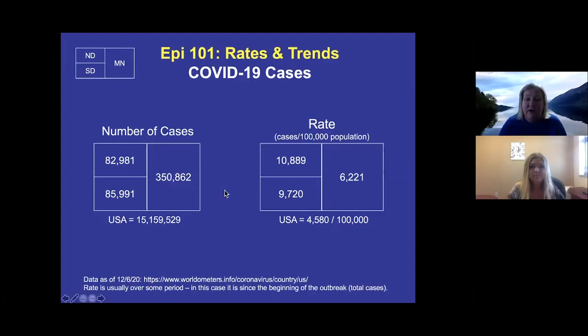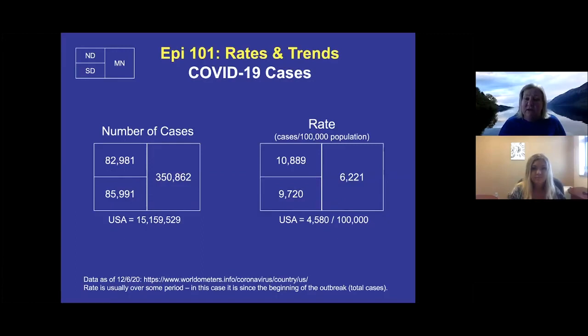But if you look at it by rates, what we did is we just took this number divided by the population of Minnesota, this number divided by the population of South Dakota, this number divided by the population of North Dakota. Now we have these numbers, and these are the number of cases per 100,000 people.